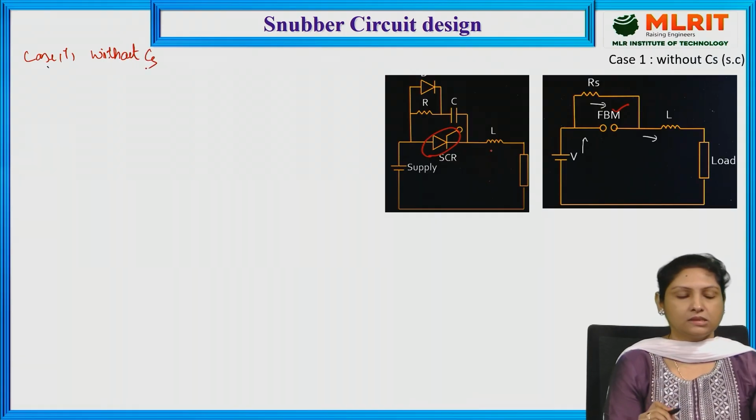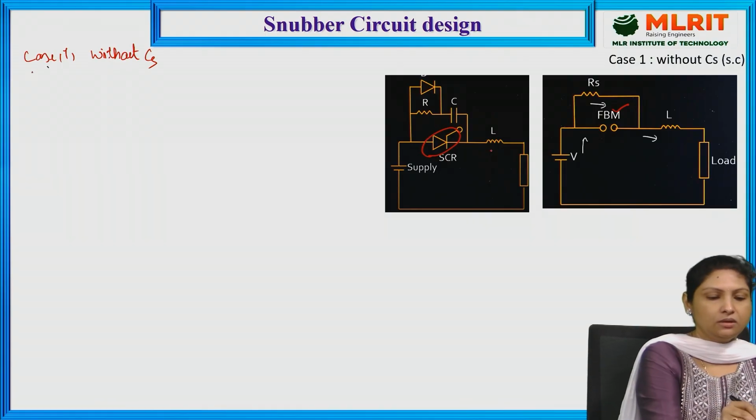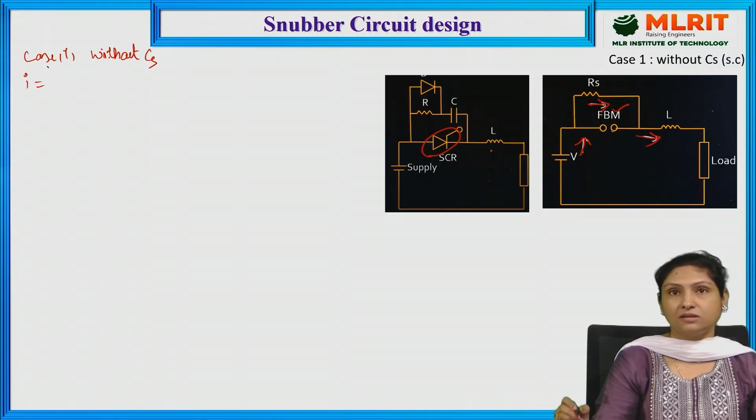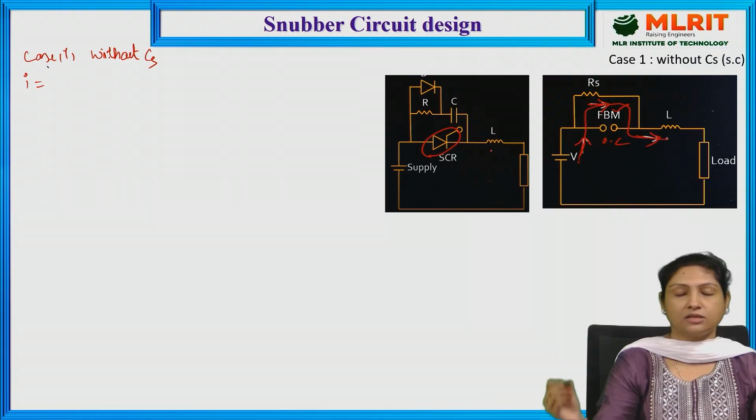Here let me write down the equation for the current which is flowing through the circuit. Current will be flowing in this direction, I. Since the SCR is not conducting, it is considered as an open circuit, so that is the reason current will be flowing in this direction through the circuit.